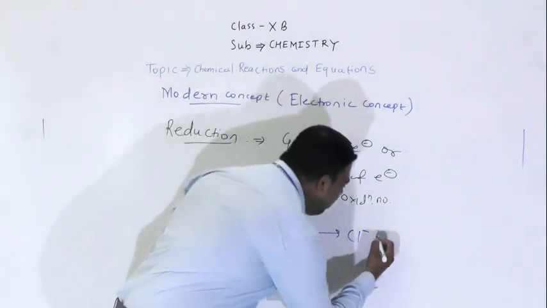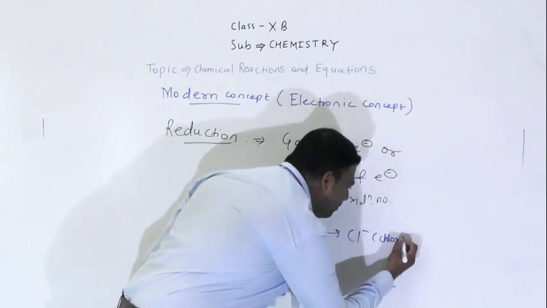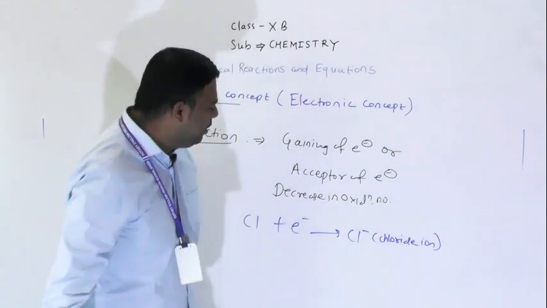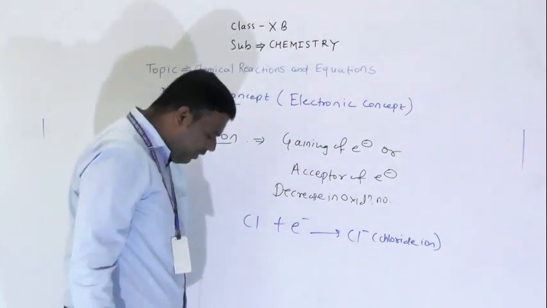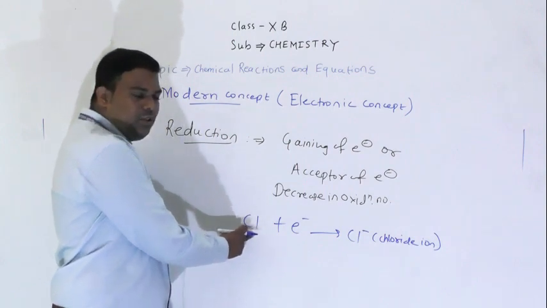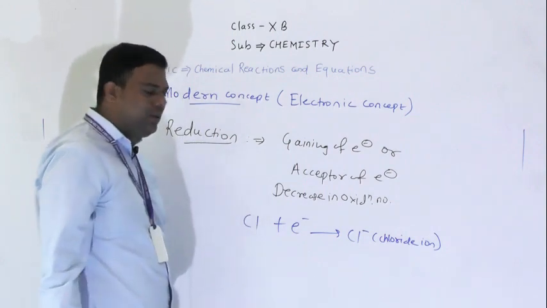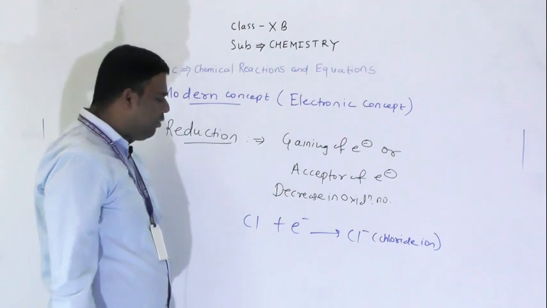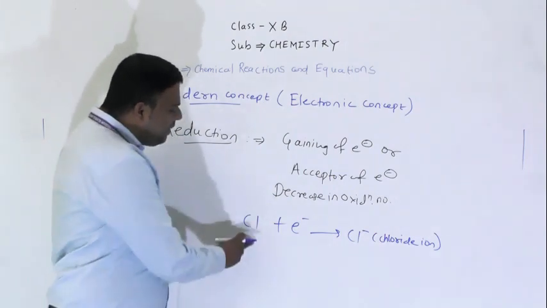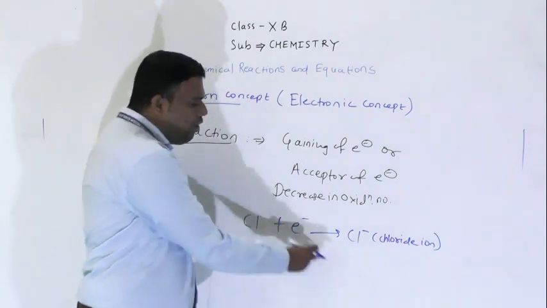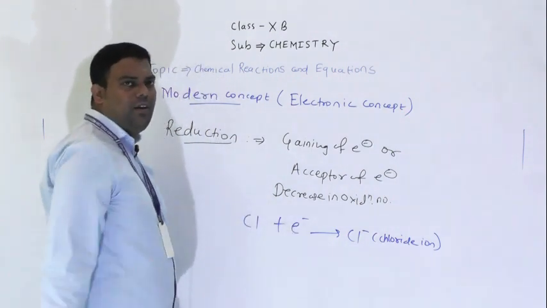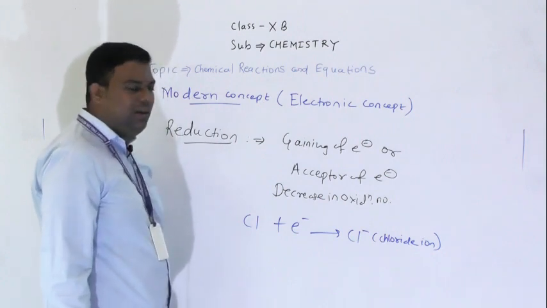So this chlorine, as you know, chlorine electronic configuration is 2, 8, 7, with atomic number 17. So chlorine is accepting 1 electron. Okay, why is it accepting? To become stable, to acquire stability.